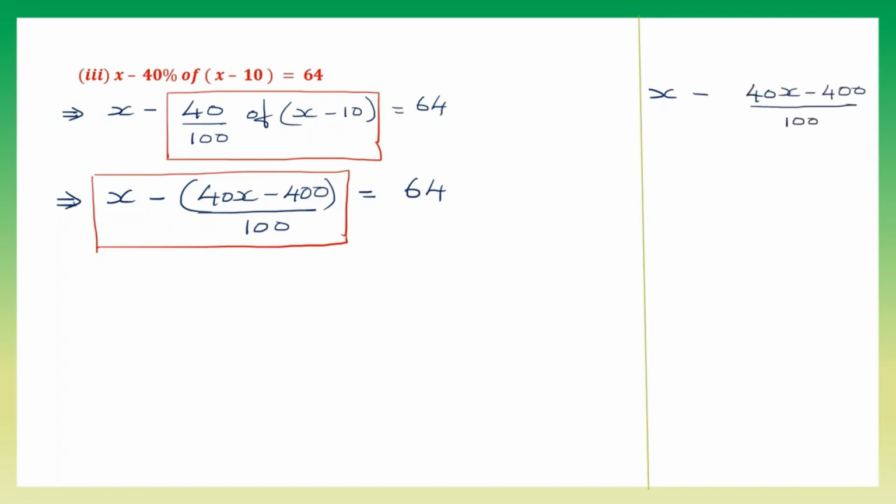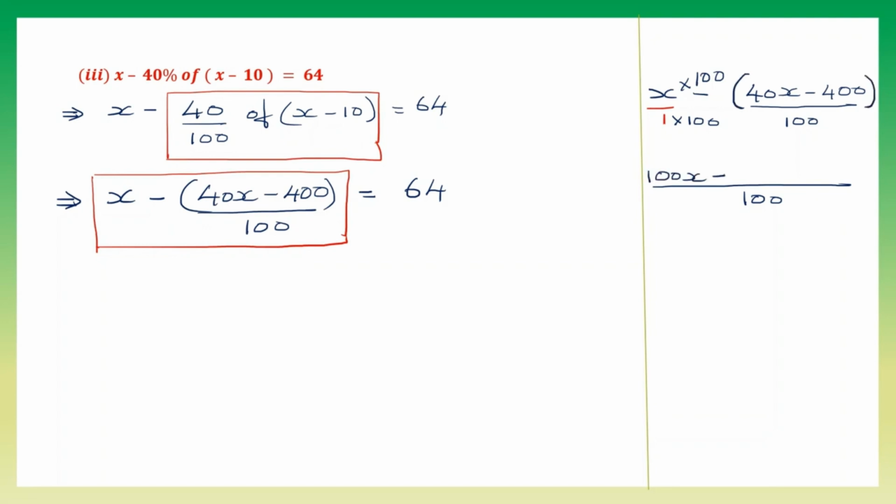Now here, let's give this a denominator 1. Now our LCM is going to be 100 because one denominator is 1, the other denominator is 100. Take the other denominator. So that is 100. Now 1 into 100 will give us 100. So I need to multiply this also by 100. So x into 100 is 100x. Then I have a minus sign, so let me be careful about that.